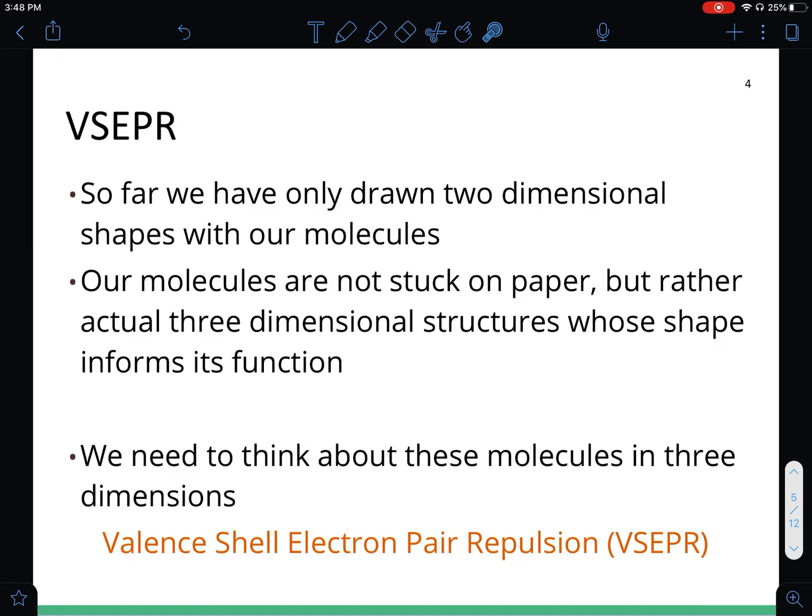It's just a method of naming these different shapes, and they have different names because of the different orientations that they form. Right now we've only been drawing two-dimensional shapes, whether on paper or on our iPads, but in real life, these molecules are three-dimensional. So we need to start naming those three-dimensional shapes.